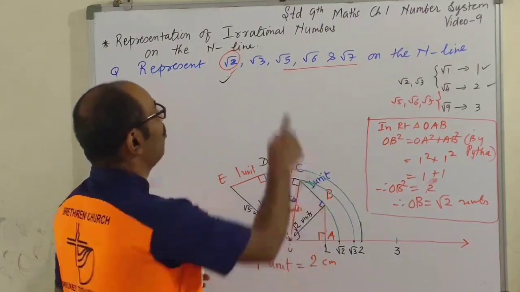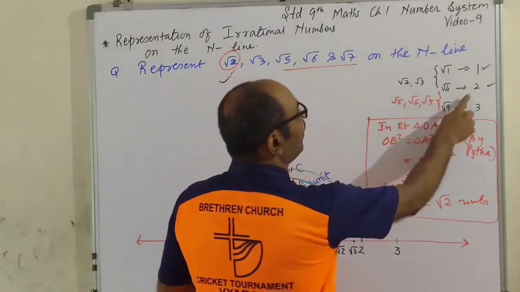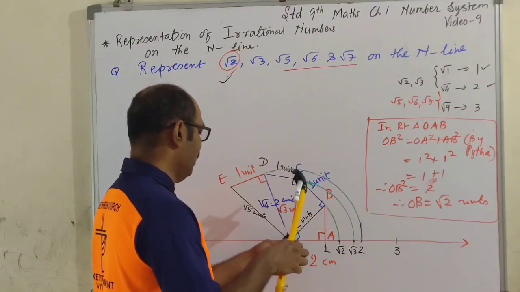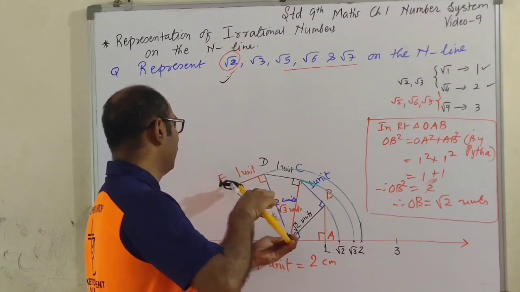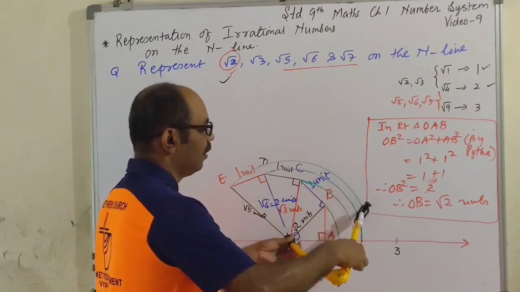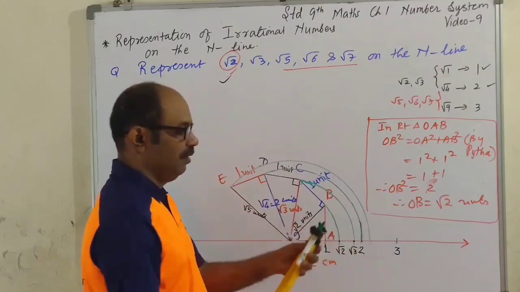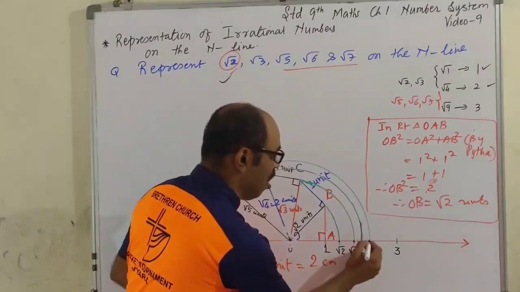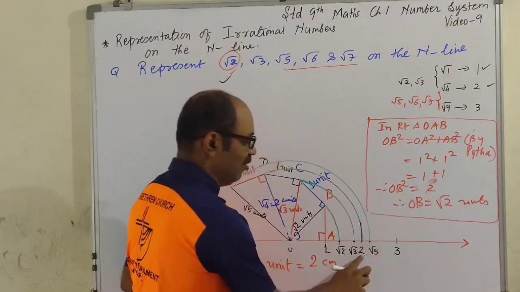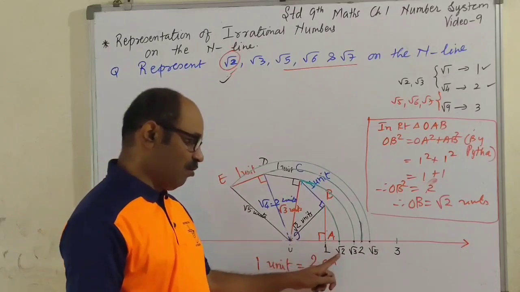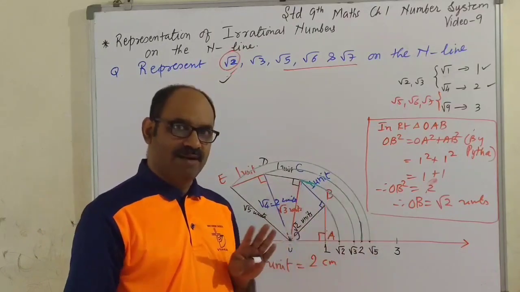Root 5 को प्रोजेक्ट करो. ये root 5 अब between 2 and 3 आएगा. Yes. Center, hope it is perfect. Here. All right, children. Now this new point that you got is root 5. Can you see? It is between 2 and 3. Right. So you got root 2, root 3, root 5 on the number line.